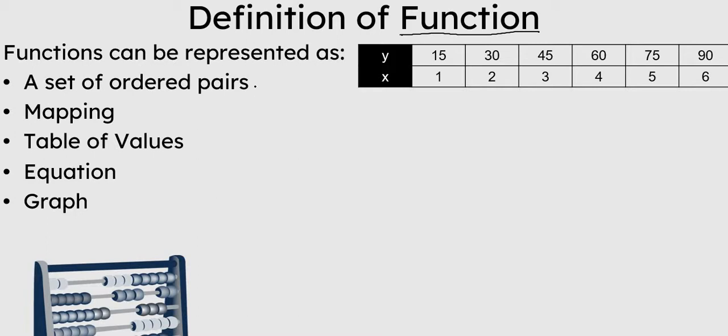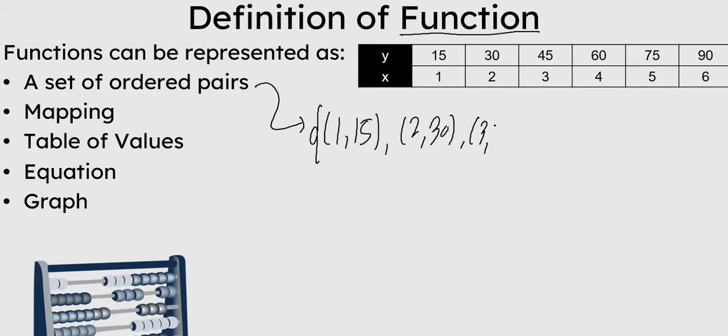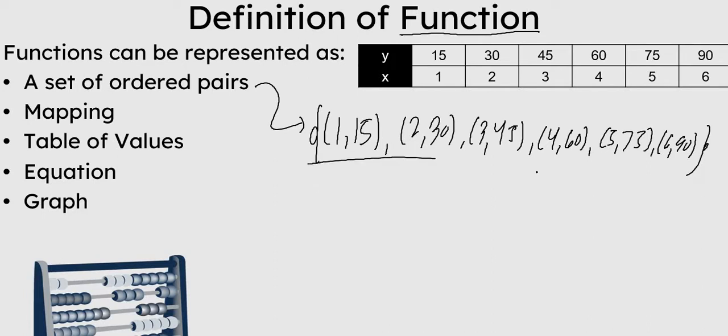Now, before we go further into the definition, like a relation, we can also express a function as a set of ordered pairs. Let us illustrate it. We can write this like what we've seen before: (1, 15), (2, 30), (3, 45), (4, 60), (5, 75), (6, 90). Do take note that strictly speaking, this is the only function, and we're not supposed to extend it.